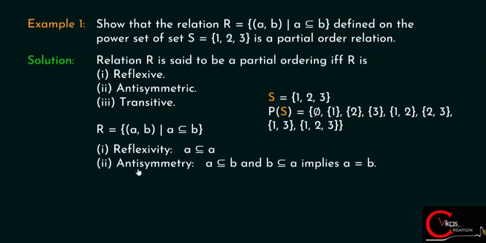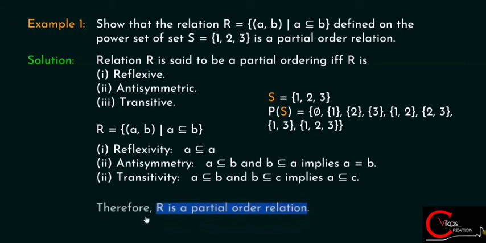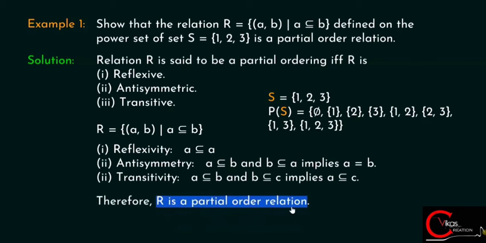Apart from this, the antisymmetric property says A is a subset of B and B is a subset of A implies A equal to B. Obviously this is true again. If A is a subset of B and B is a subset of A, then obviously A must be equal to B. According to transitivity, if A is a subset of B and B is a subset of C, then obviously A must be a subset of C. This is also true. So it is clear that this relation is a partial order relation.